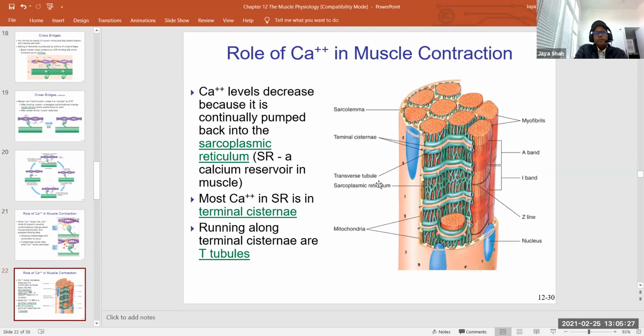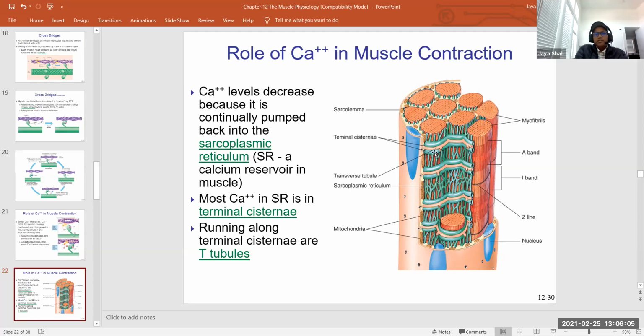So to show you where calcium is in the muscle, you can see here. This is a muscle cell, a muscle fiber. You have the organelle myofibrils inside the muscle cells. And then the plasma membrane or sarcolemma gets inside, the pink tube. It goes around the myofibril, so it wraps around pretty much all the myofibrils.